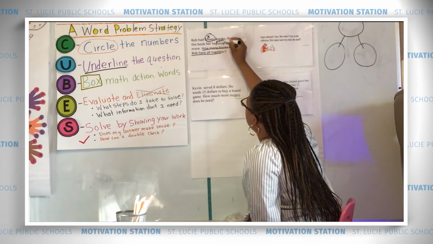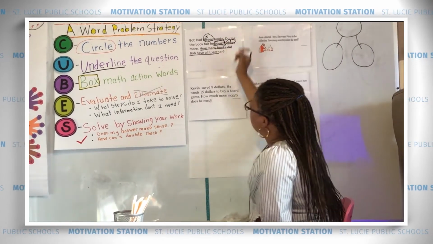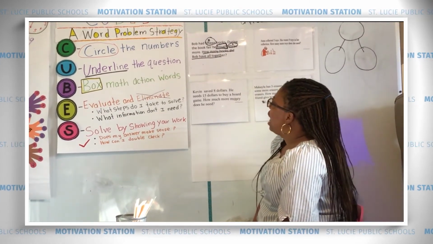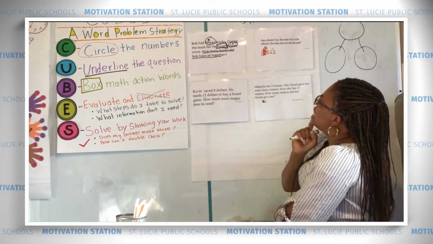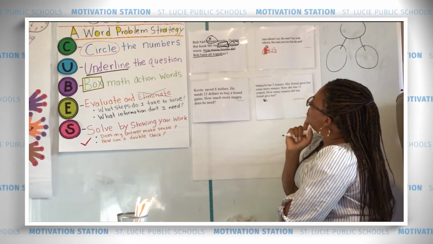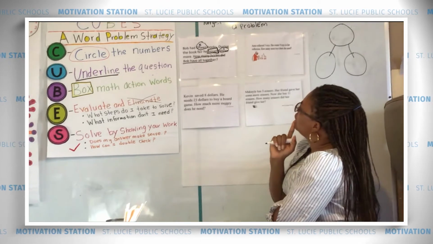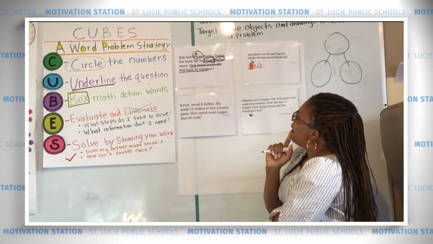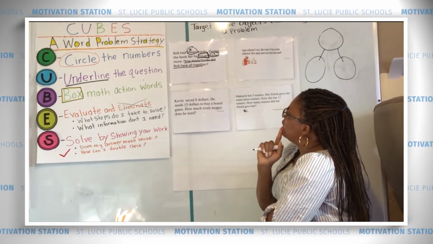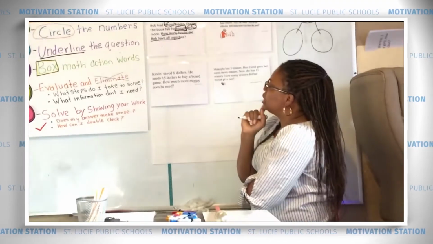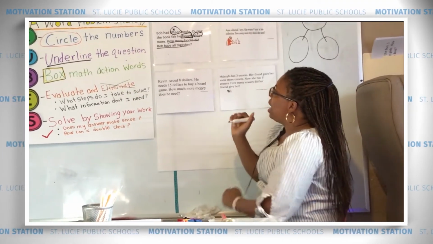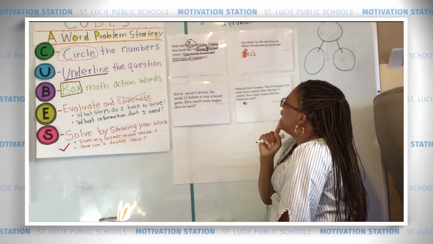That's important. He bought some books. I mean, we're getting some. All right, then, is there anything that I need to eliminate? I'm evaluating. I think I have all the information I need. No, I don't think there's anything that I need to eliminate. Okay, so I'm going to go ahead and solve my problem. So I am going to go ahead and think.